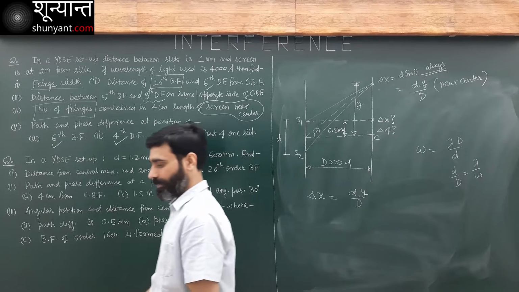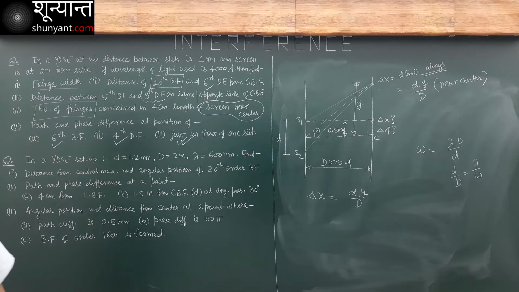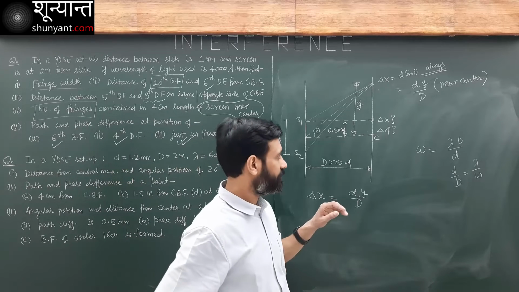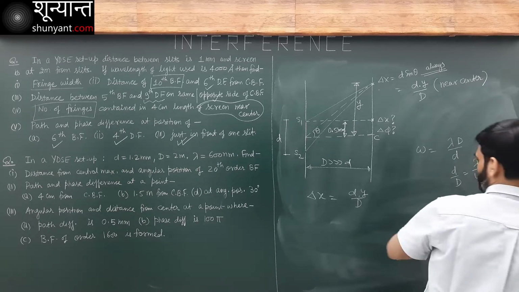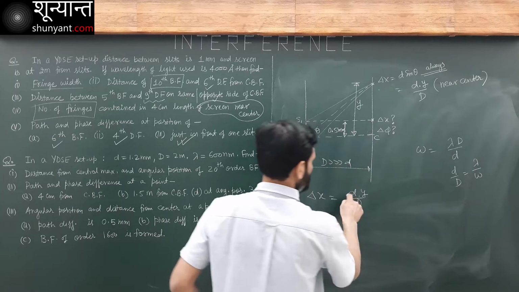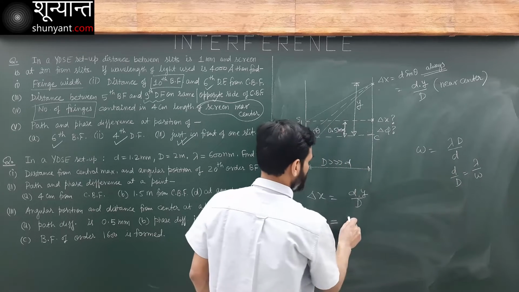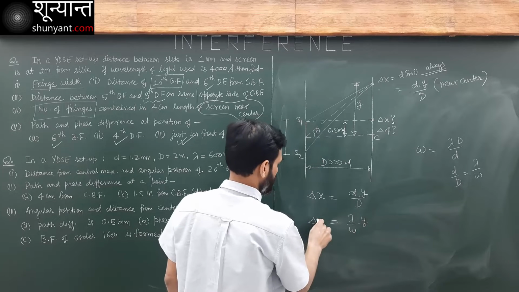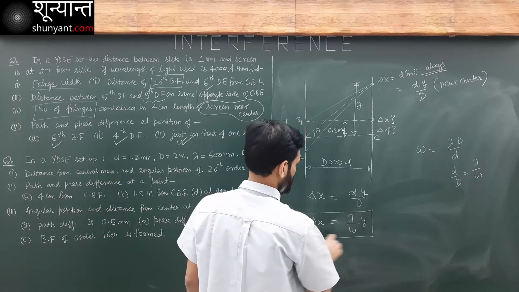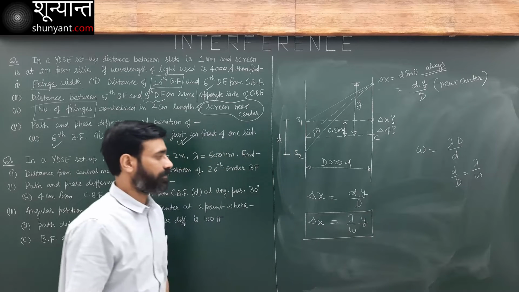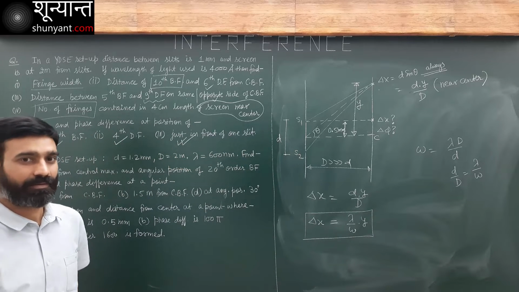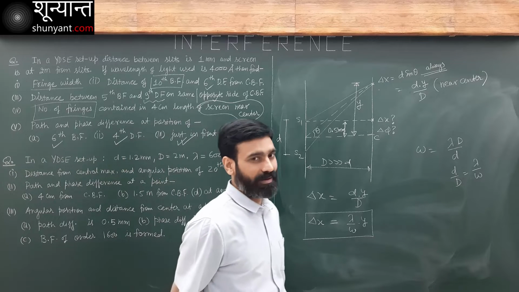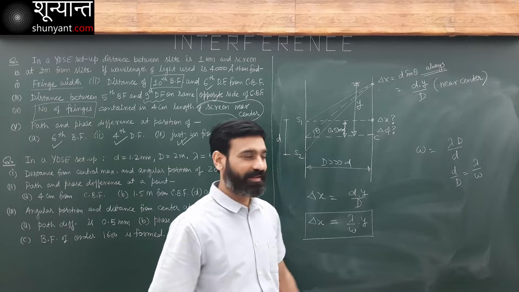What do you think? Is that right? That's right. So I can write this as d over D, which is lambda over omega, times y. Can you make some sense out of this?